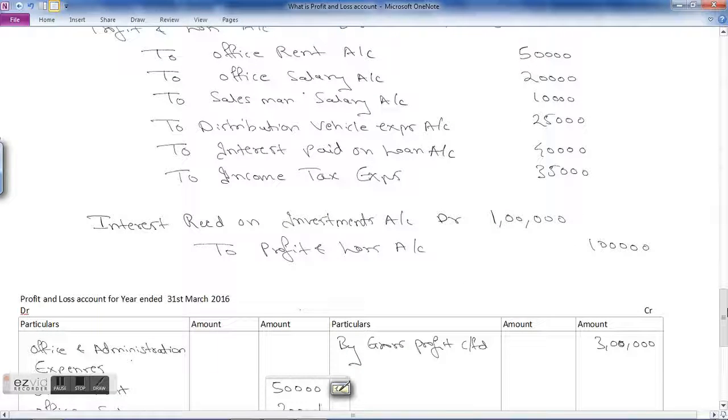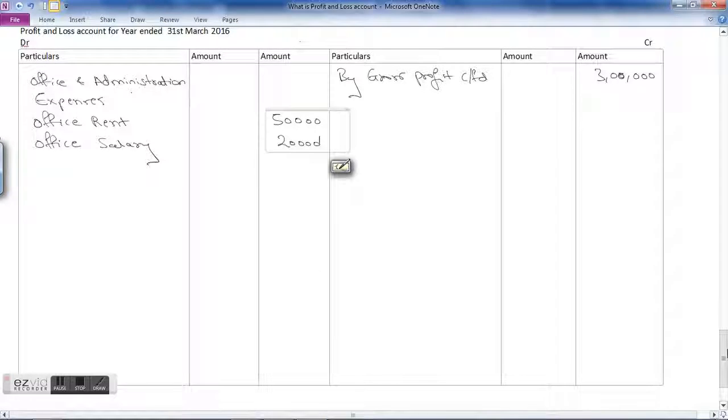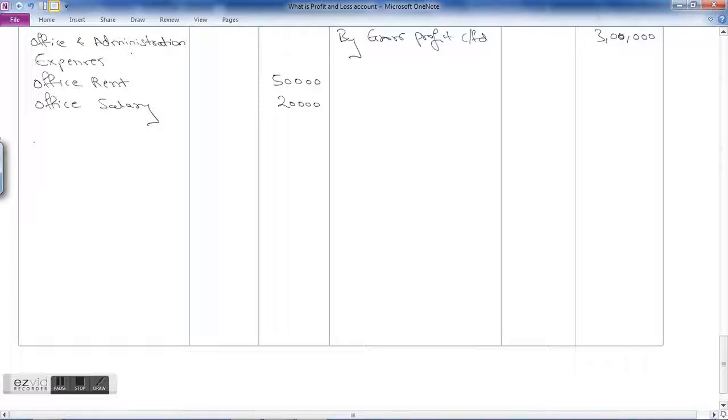Next is salesman salary 10,000, distribution vehicle expense 25,000. Now these are selling and distribution expenses.